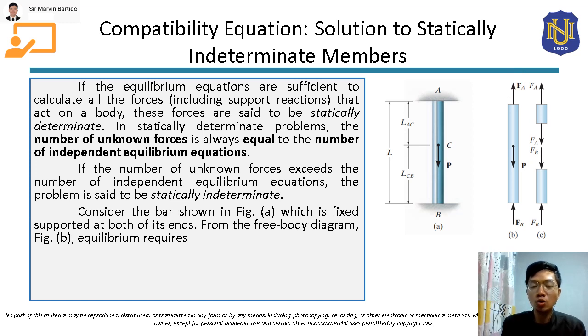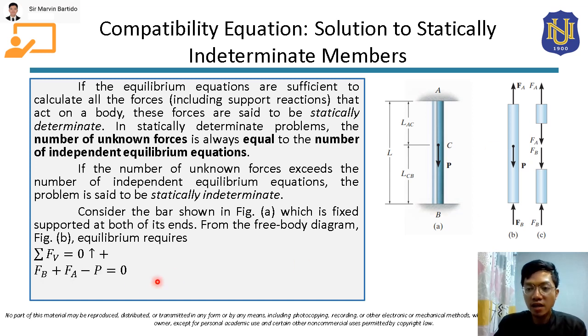If we are going to generate the equilibrium equation from this free body diagram, summing forces vertically, the equation will be FB plus FA minus P is equal to 0. This is the only independent equilibrium equation that we can generate from this free body diagram. Even if we take moment at any point within the line of action of these forces, there will be no new equation, because they will all pass through the center of moment.